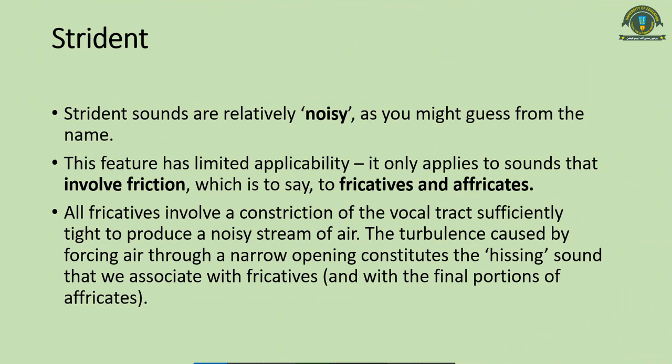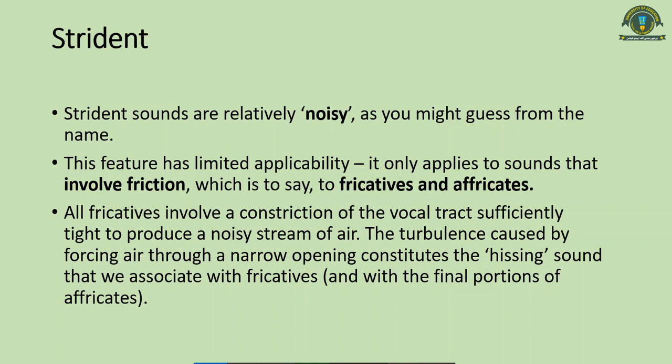Now strident, another manner feature. Strident means noisy. Strident sounds are relatively noisy, and this noise is actually shown in the waveform as well. When we look at the acoustic properties in the spectrogram, we are able to see this noisy feature there. This feature has limited applicability. It applies to the sounds that involve friction. There are only two kinds of sounds which involve friction, and these are fricatives and affricates.